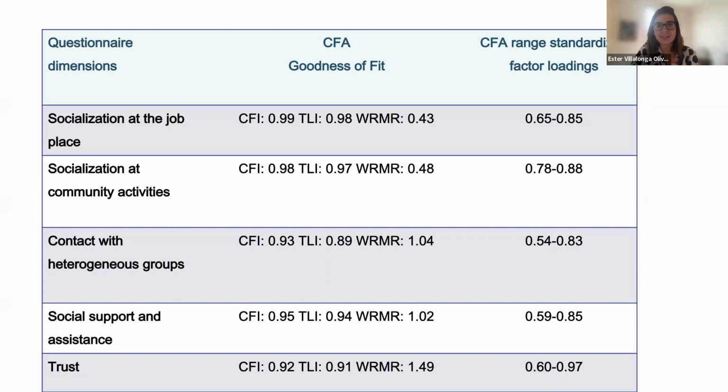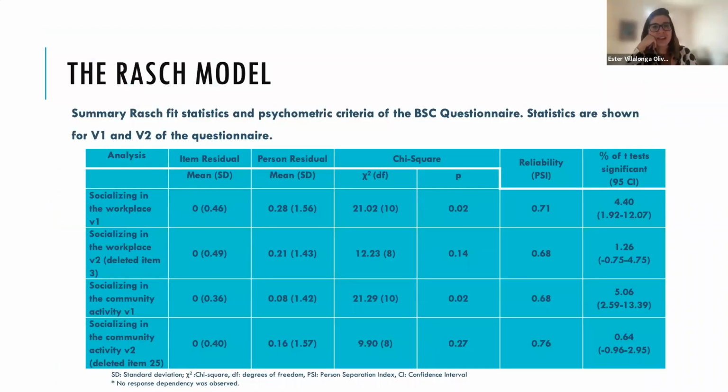They looked good. But when I implemented the survey in this other sample, the second one, I used the Rasch model. The Rasch model is part of the IRT family. It's one specific model we use to test questionnaires.